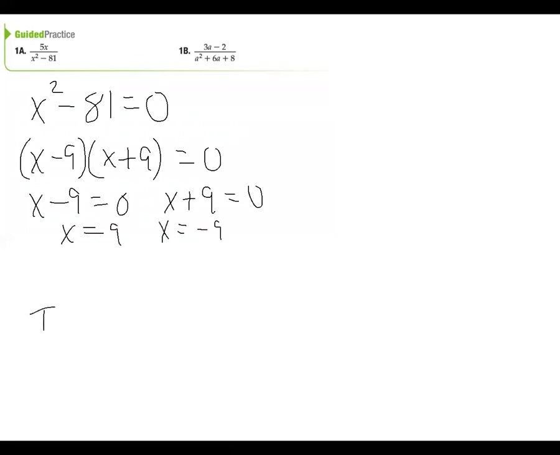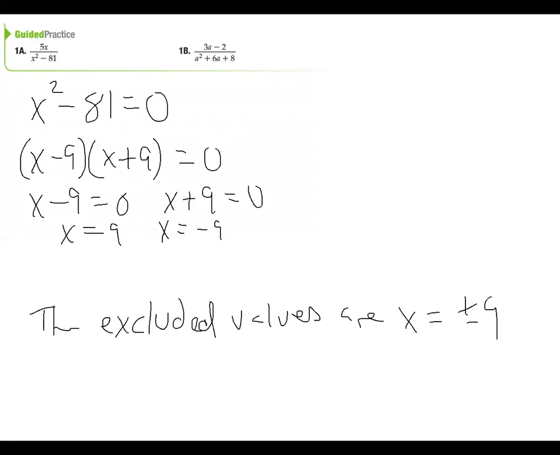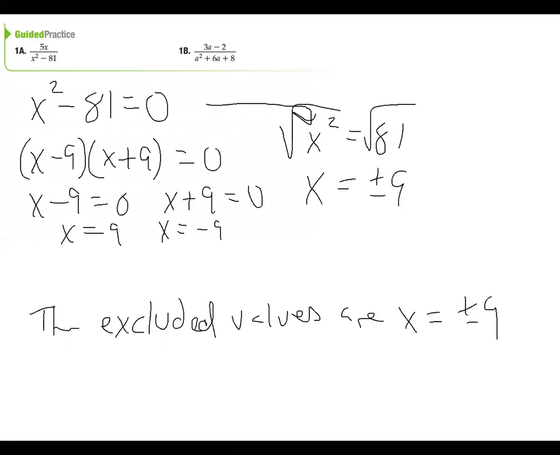And the excluded values are x equals plus or minus 9. Now you could have done this the other way, where you add 81 to the other side, take the square root, and x equals plus or minus 9, and then you'd get the same answers as we did previously.